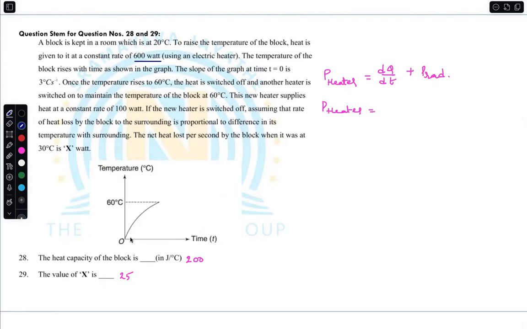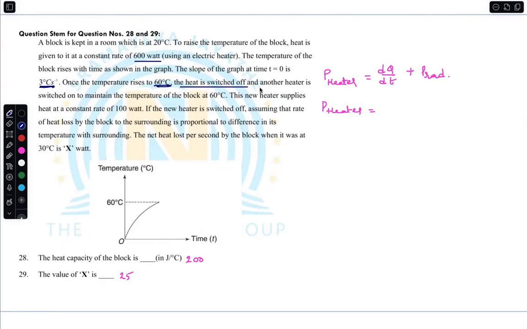You can see that some graphical arrangement is given for you. The slope of the graph at t is equal to 0 is 3 degrees centigrade per second. Once the temperature rises to 60 degrees centigrade, the heater is switched off.